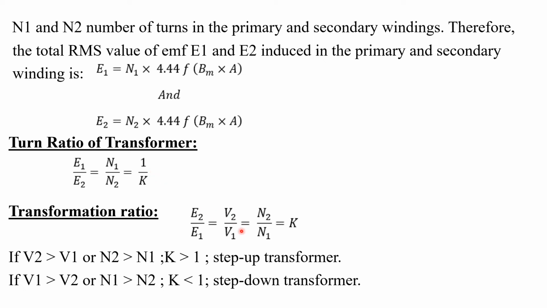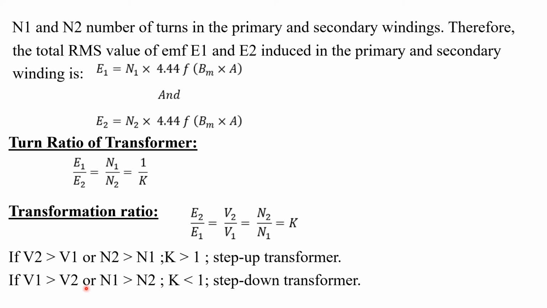And based on this transformation ratio concept, we can see that if the voltage across the secondary is higher than voltage across the primary, or simply if N2 is greater than N1, then the value of K will be greater than 1. That means the transformer will be step up transformer. Otherwise the transformer will be step down transformer.